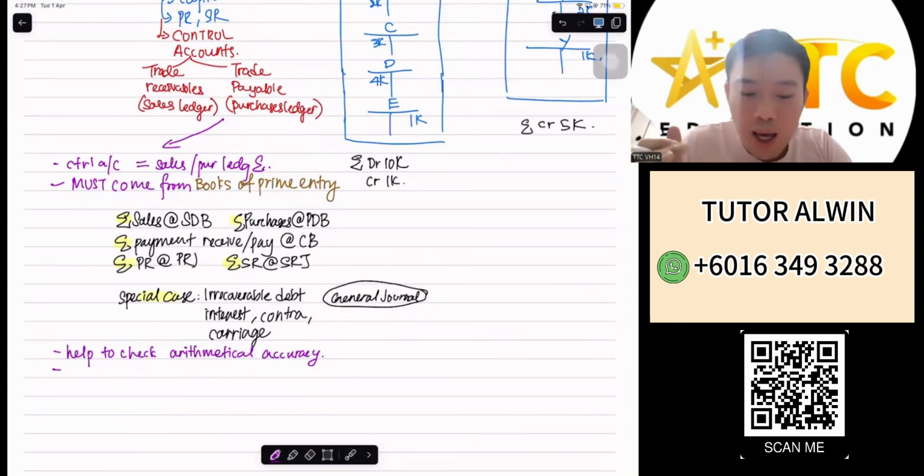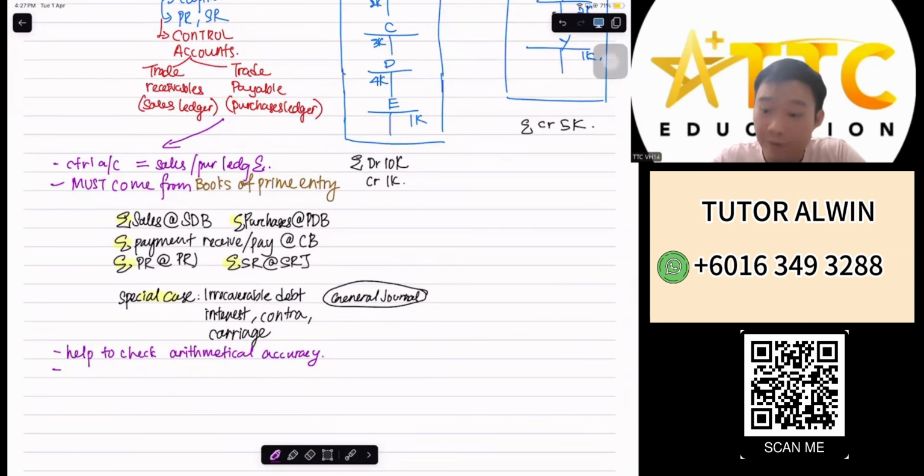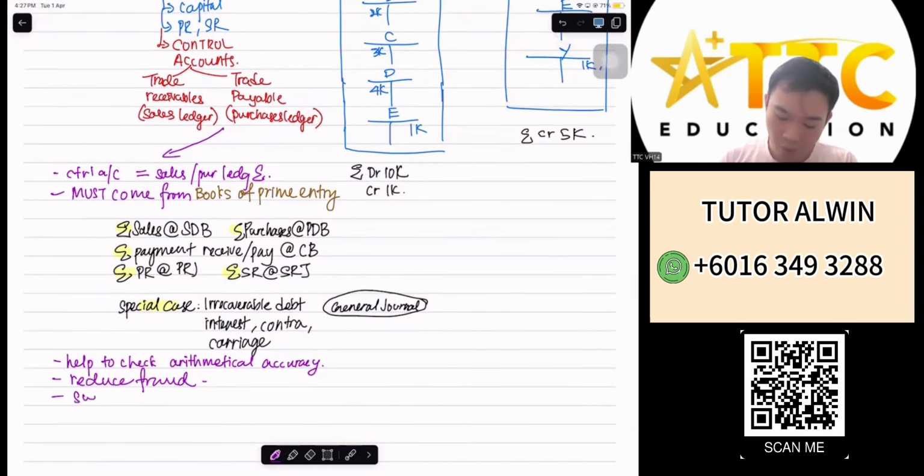If there are any mistakes, you can find them right away. Then also it can help to reduce fraud, because a different person is doing this job, somebody else. And it will provide you a summary of all the purchases during the year or for the month, a summary of all the purchase returns, sales returns, and so on. All the totals, it gives you a summary.